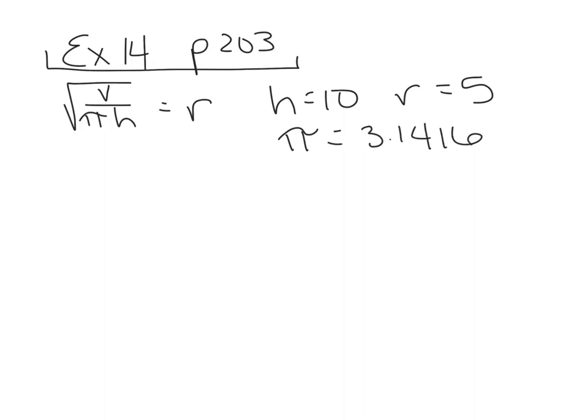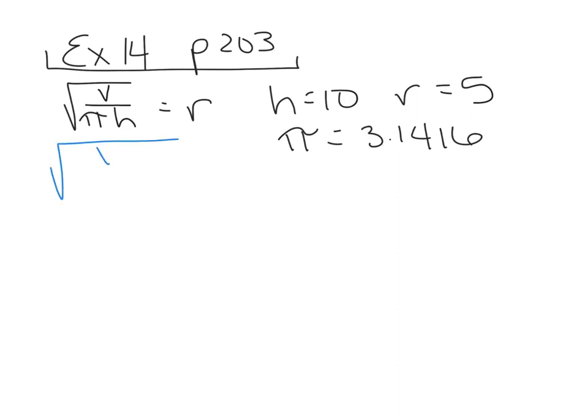So I need to be solving for volume, which means I'm going to isolate this V, but I'm going to take these and plug them in where they belong, and then simplify and isolate that V. So let's start with that.